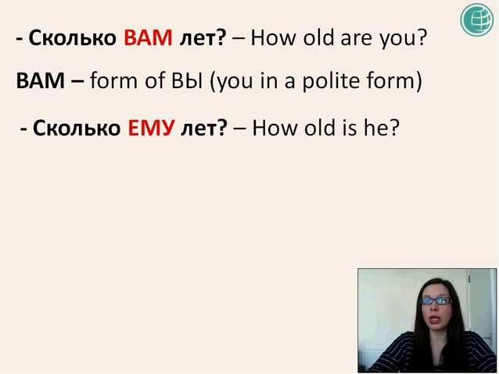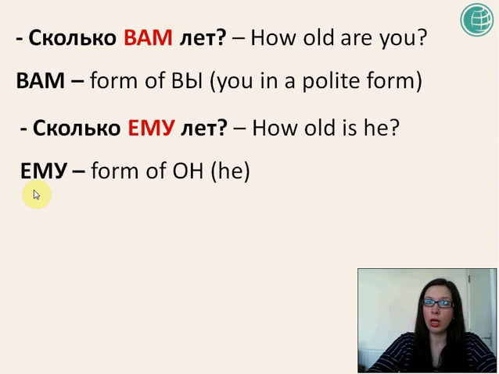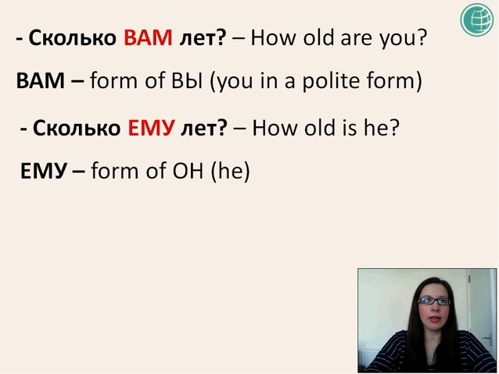Also, you can ask about someone's age. Сколько ему лет? How old is he? And ему, it's just a form of он, and он is he. What does it mean? I'm always saying it's a form of. If you remember, in the last grammar lesson I mentioned cases of Russian nouns.